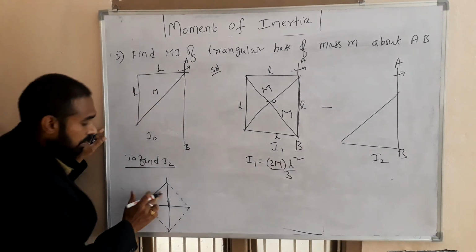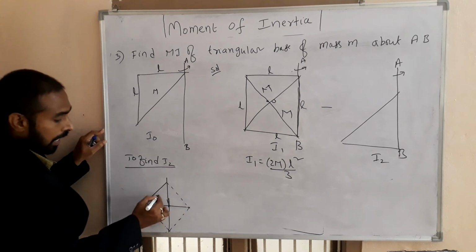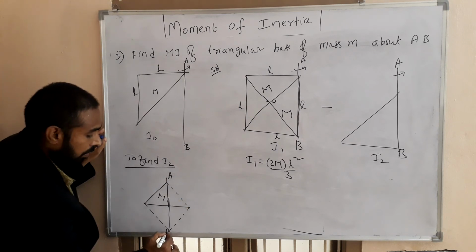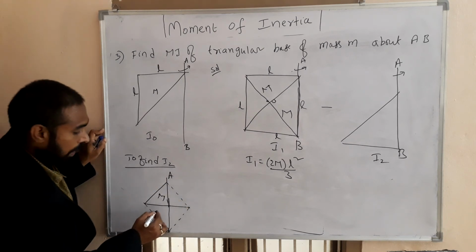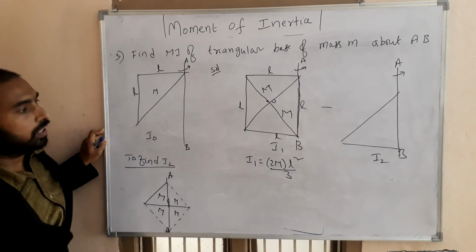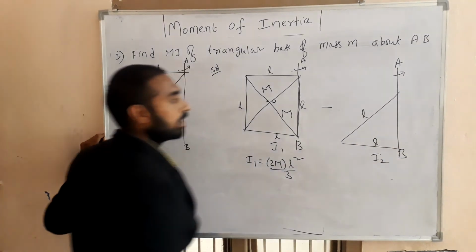This portion is this one, and the remaining three portions are added. I will consider this mass as m, and this is the axis AB. So this is mass m, this is also mass m, this is also mass m. And we need to consider the length L.